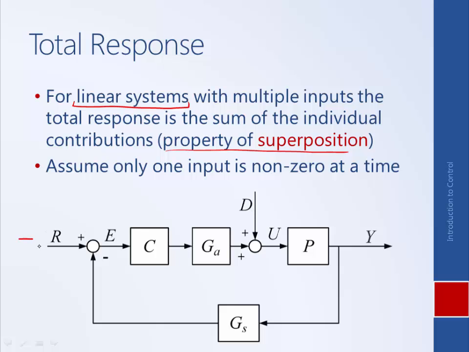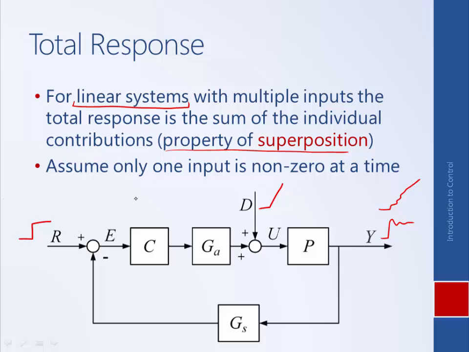And so if I put some input R, I can look at what the response is at Y. I can then ignore R and look at what the response due to D is. So I can treat R as 0. I can look at some input D, and I can look at what the response is of the output.